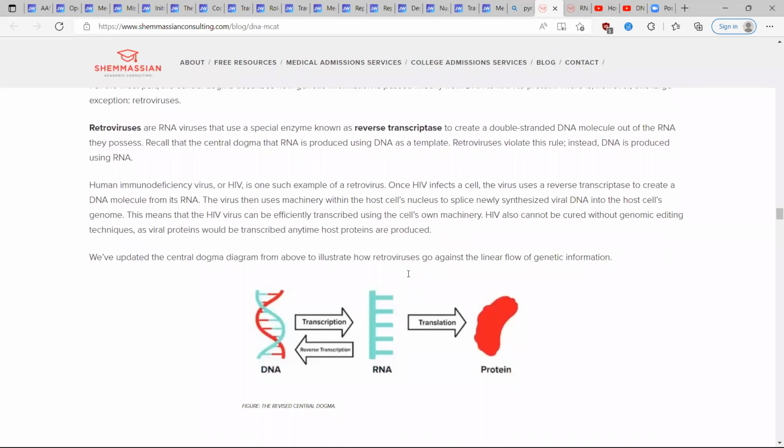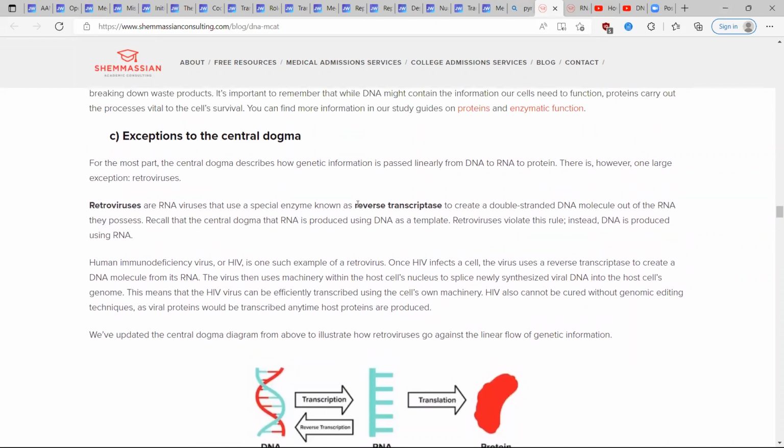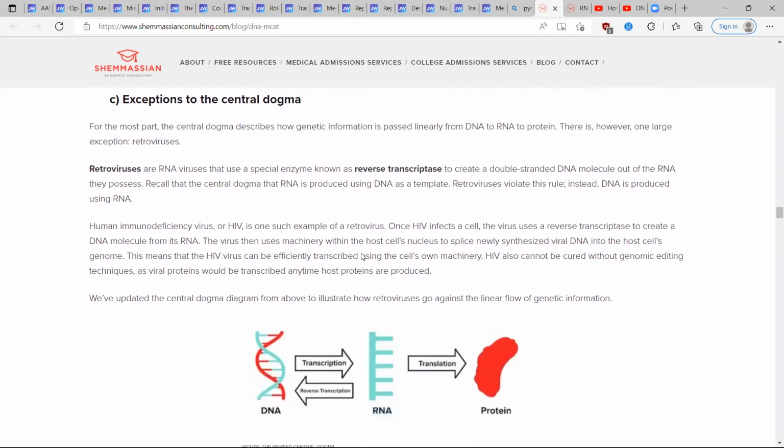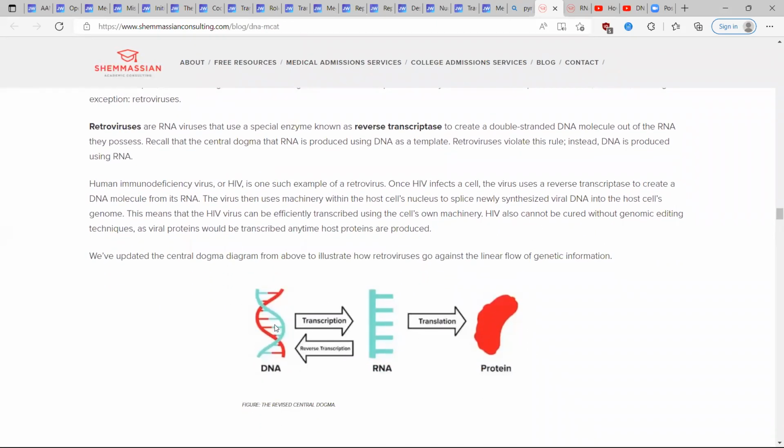Exceptions. So you've probably heard of retroviruses like HIV, and they use something called reverse transcriptase. They have found a way to bypass the system. We want to maintain the integrity of the DNA. We don't want anything happening to our DNA. We only want to turn it into RNA sometimes to make protein, right?